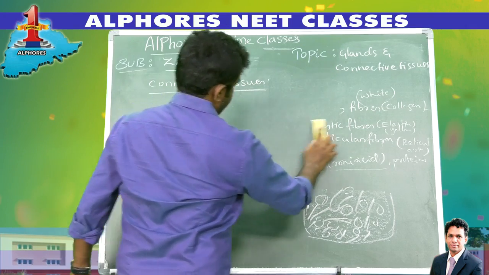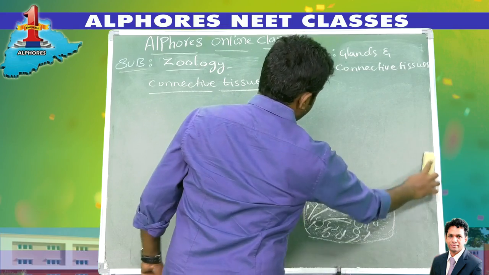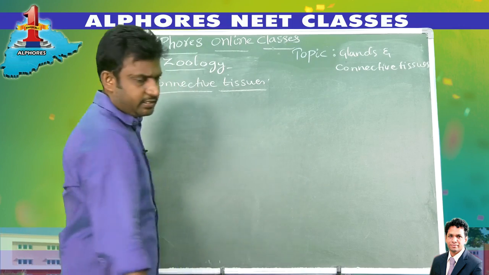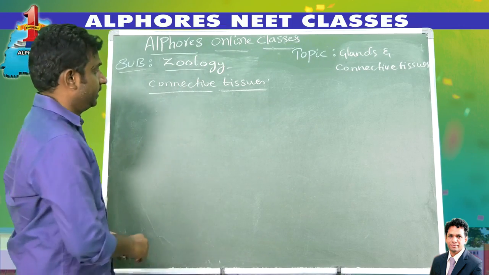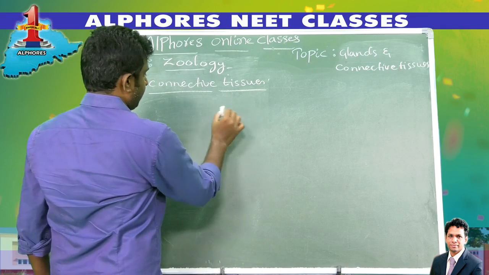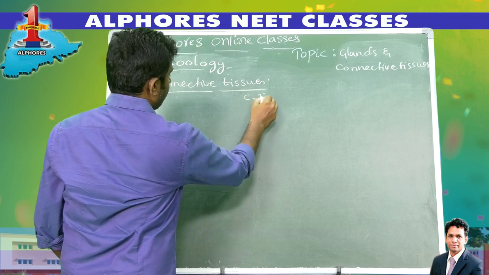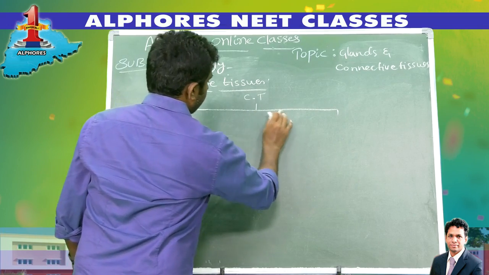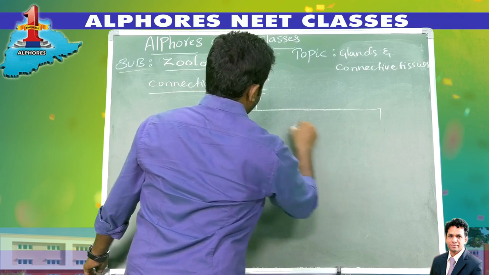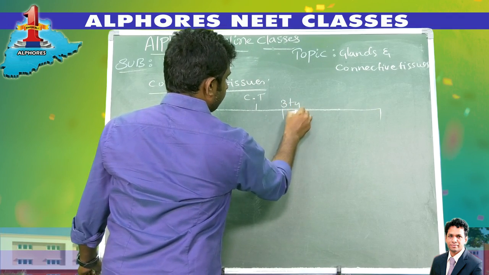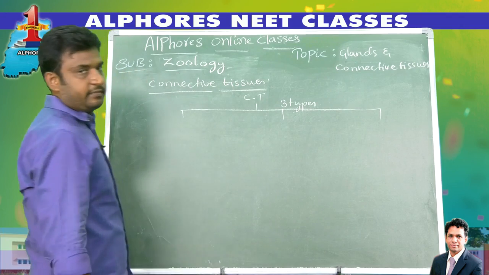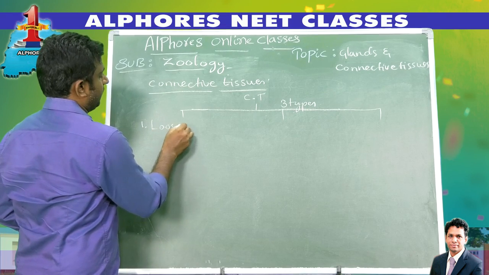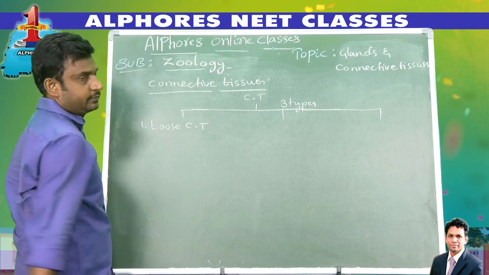Types of connective tissues. Connective tissues are the most abundant in our body. Most of the tissues in our body are connective tissues, and different types of connective tissues are present in our body. Connective tissues are mainly three types. The first type is the loose connective tissues.